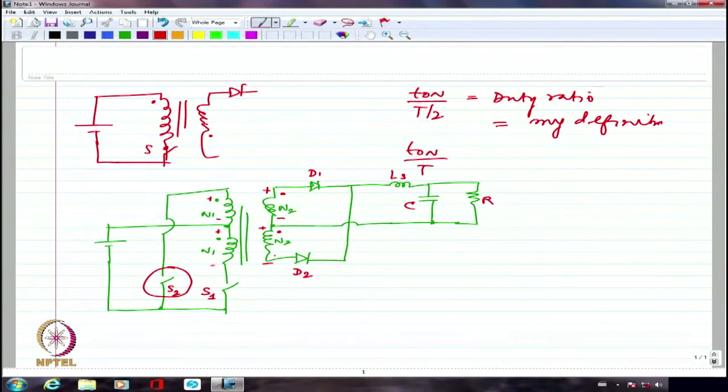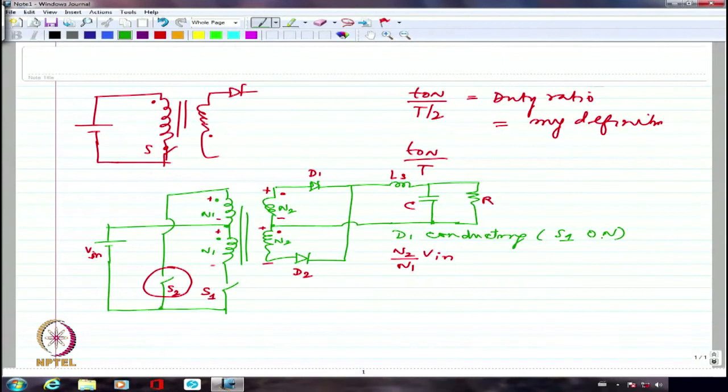So D1 is forward biased, and whatever is the voltage that is coming across this secondary will be N2 divided by N1 multiplied by whatever is my input voltage. If I say this is Vin, N2 by N1 multiplied by Vin is the voltage that is coming across one half of the secondary, which is conducting right now, right? So I will have D1 conducting during when I'm going to have S1 on, right?